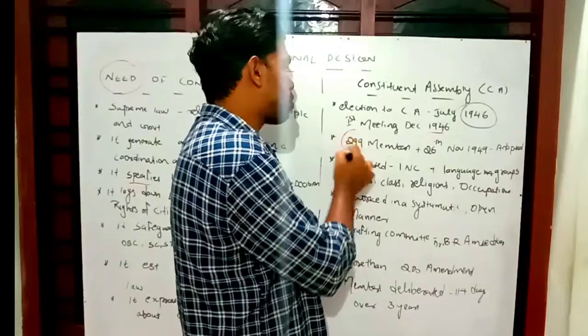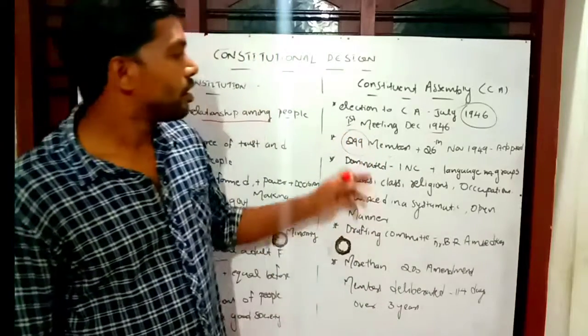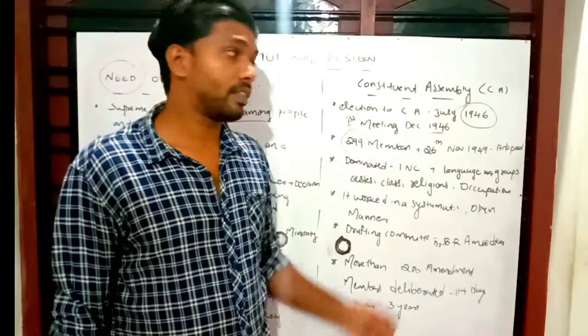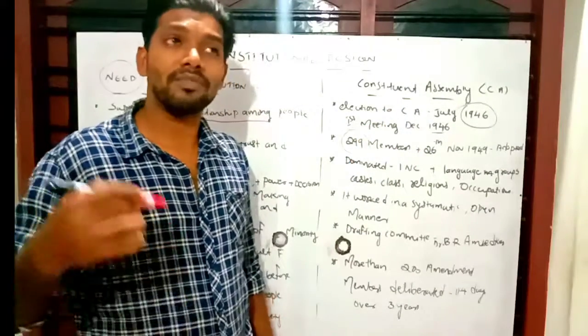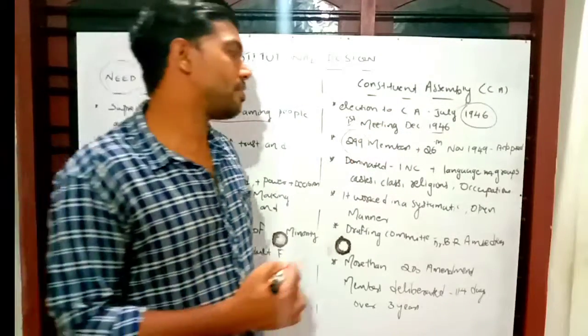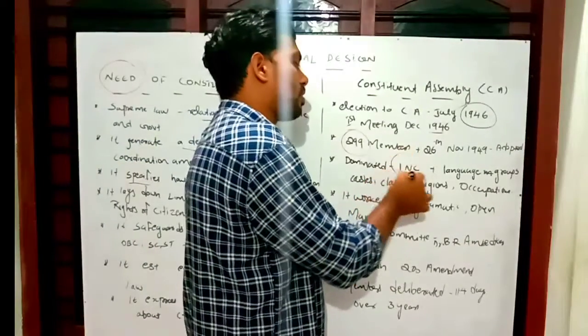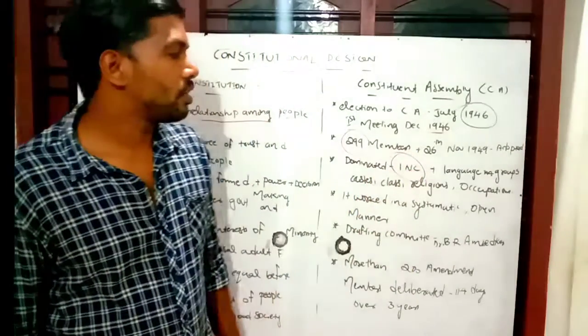There were almost 299 members, from different geographical areas of India. Most of the members were from the INC, the Indian National Congress, whose members dominated the Constituent Assembly.